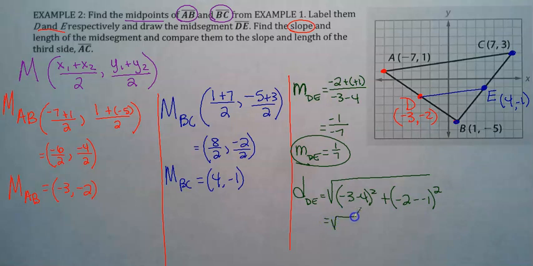So this equals the square root of negative 7 squared plus negative 2 minus negative 1, again the same thing as plus, so negative 1 squared. That's the square root of 49 plus 1, so that equals the square root of 50.